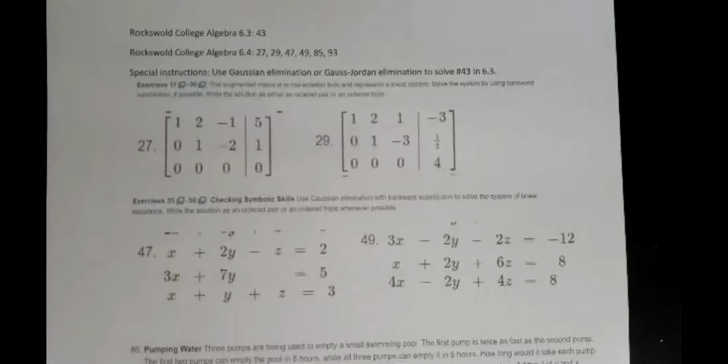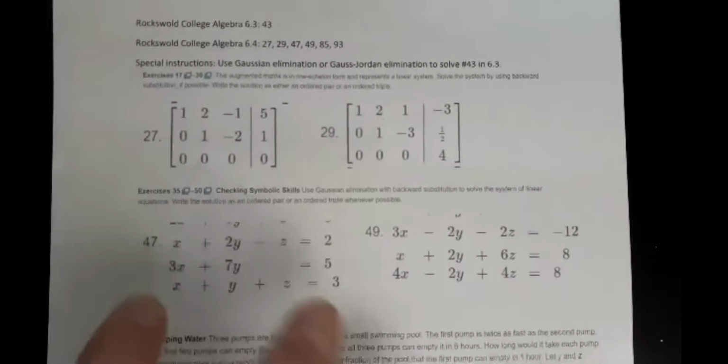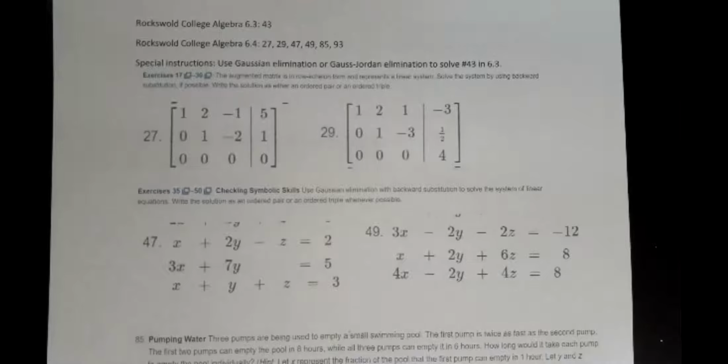I don't want to do this. 27 and 29. Let me swap my camera. We have a small class today. I'm not feeling groups today, to be honest. So 27 and 29, I want to give you a few minutes to work on them.